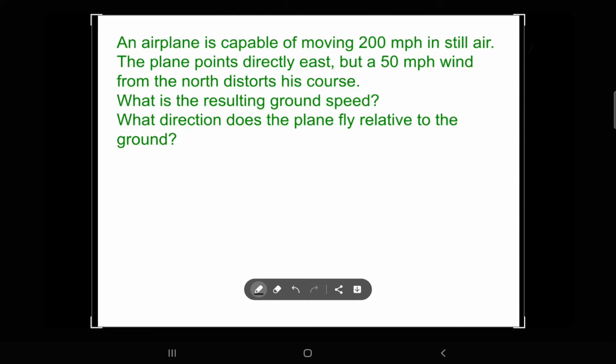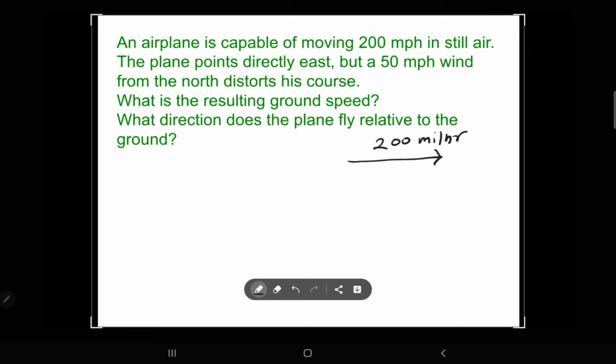First of all, let us make a sketch so that it will be easier to understand. An airplane is capable of moving 200 miles per hour in still air.